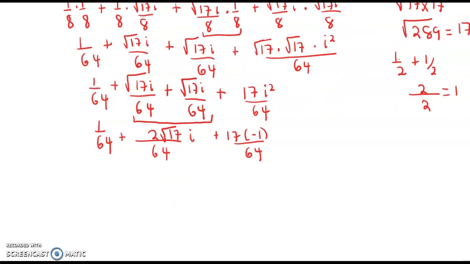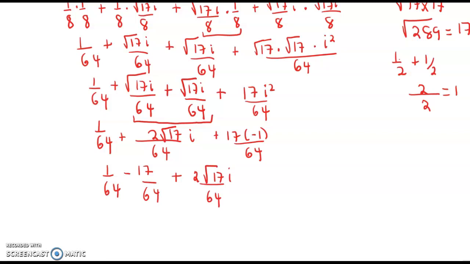So we then have 1 over 64, and I'm going to bring the 17 times -1 over 64 here. So that is -17 over 64 plus 2 square root of 17i over 64.